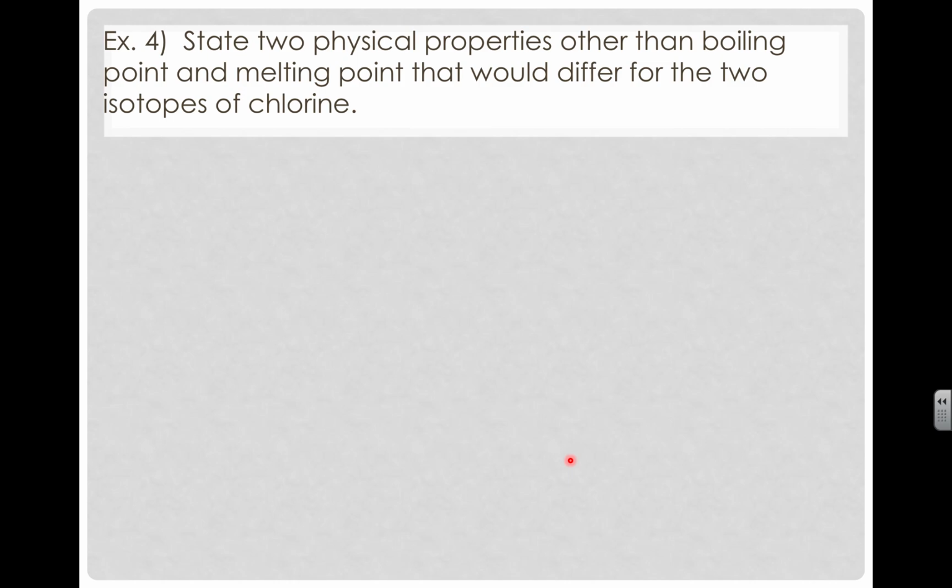State 2 physical properties other than boiling point and melting point that would differ for the 2 isotopes of chlorine. So you could have chlorine-35 and 37. What would be different? Well, it could be density. Their masses will change. 35 and 37 will be different. So masses will change, the densities will change.